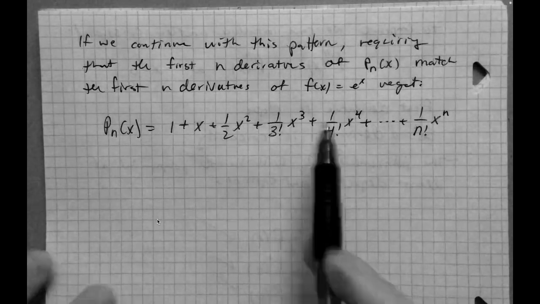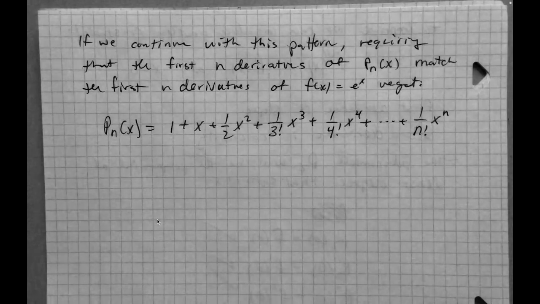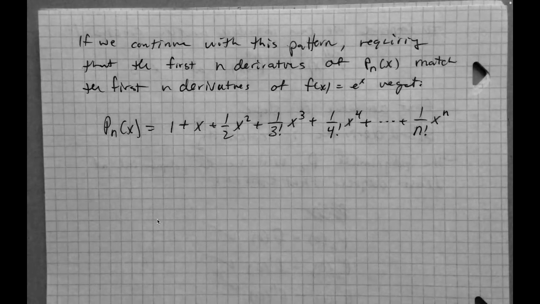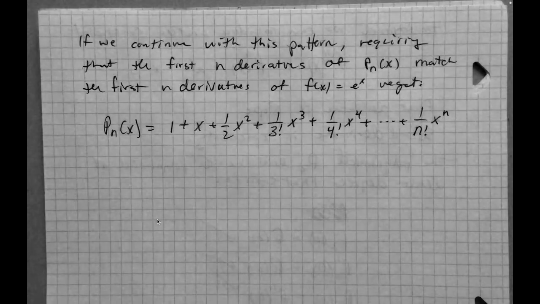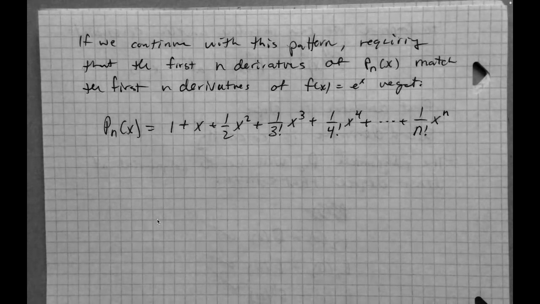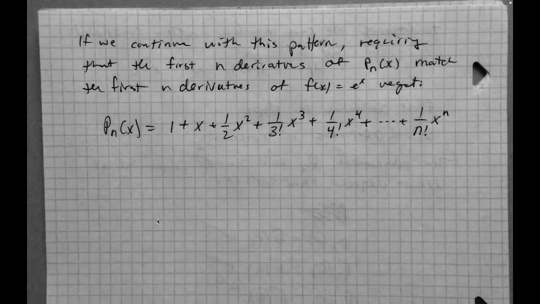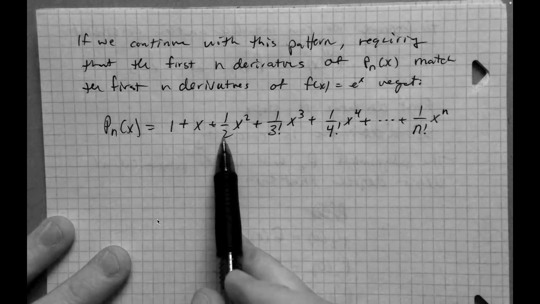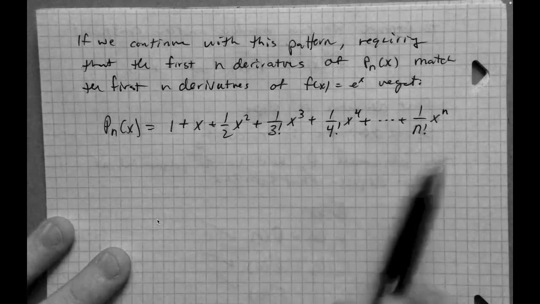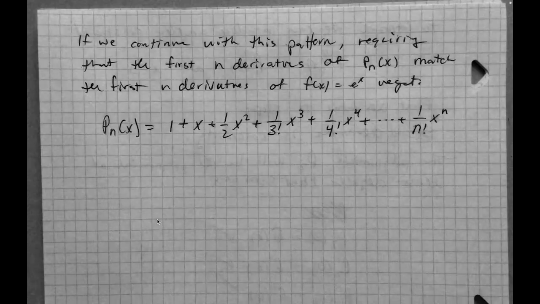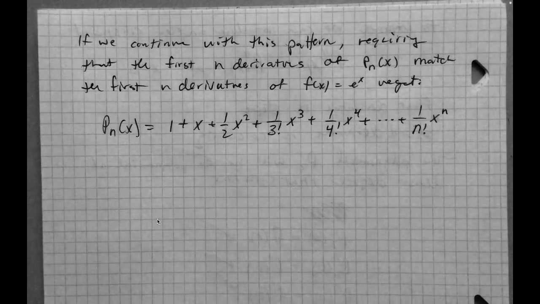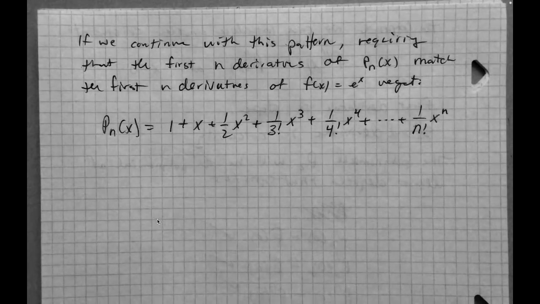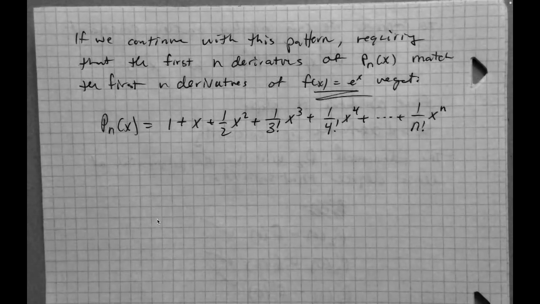Now this 3 factorial, 4 factorial just falls out of the structure if we were to go through and identify what all the coefficients need to be. Right, so this would be 1 over 1 factorial, this would be 1 over 2 factorial, 1 over 3 factorial, 1 over 4 factorial, etc. So that's what the nth polynomial for this particular f centered at 0 looks like.